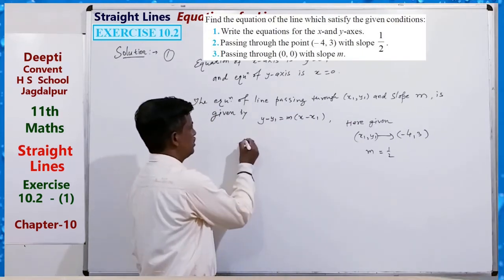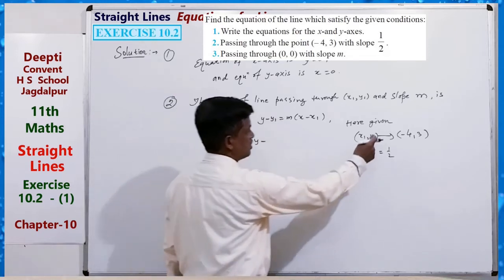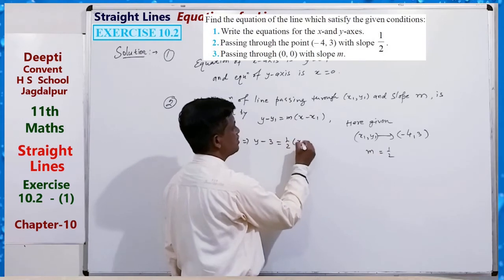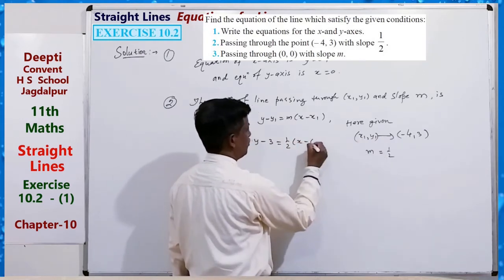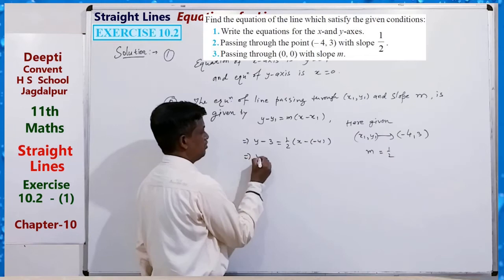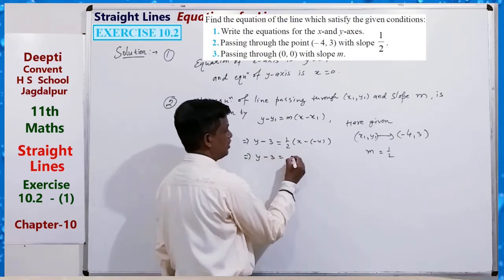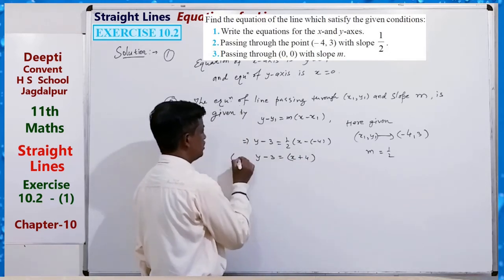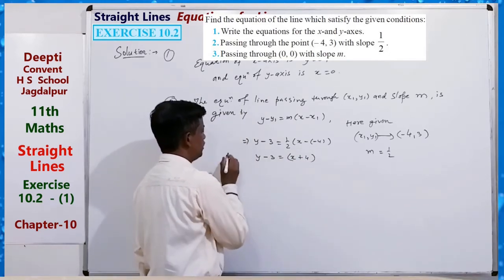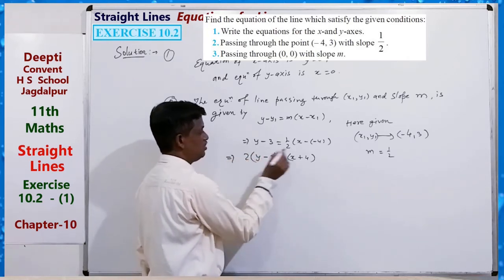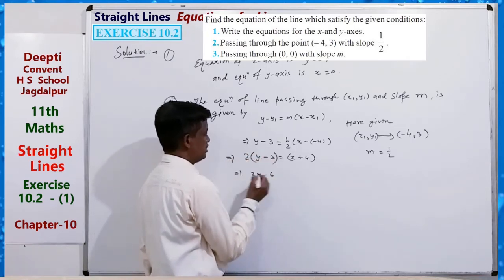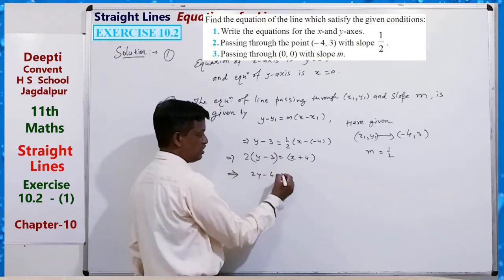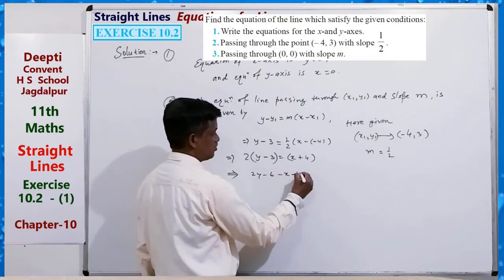So just put here y minus y1, that means y minus 3, equals m, which is half, times x minus x1, which is x minus (-4). So we can solve it: y minus 3 equals x plus 4 by 2. Multiply it by 2: 2y minus 6, transfer everything to one side, minus 4 equals 0.